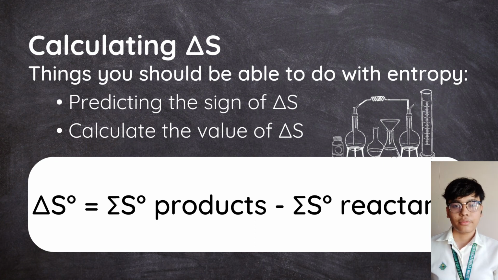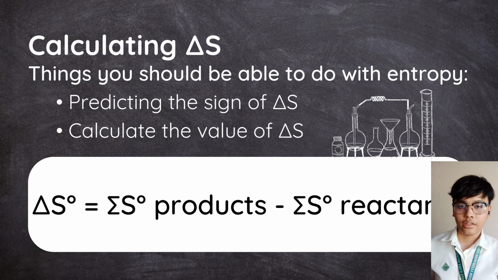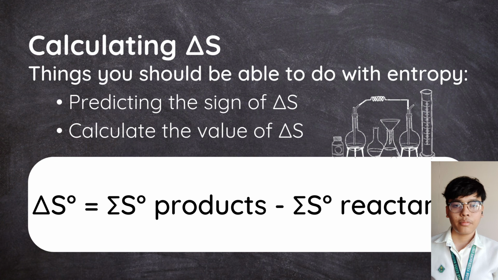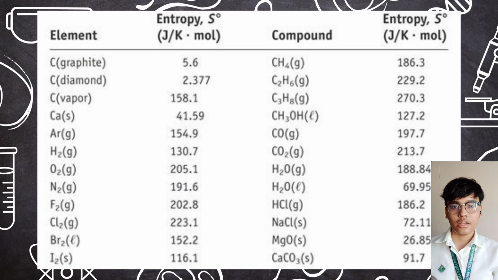Now for the next one, we calculate the value of entropy change. To calculate this value, we have the equation given below. The delta S, or change in entropy, is equal to the sum of entropy of products minus the sum of entropy of reactants.